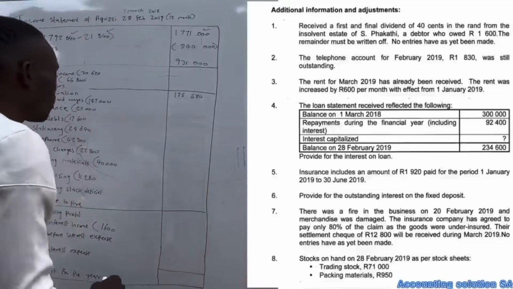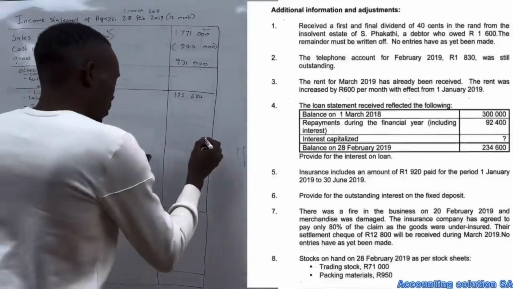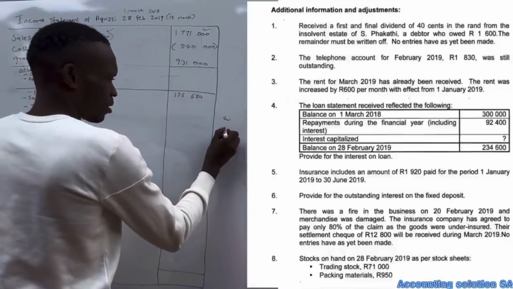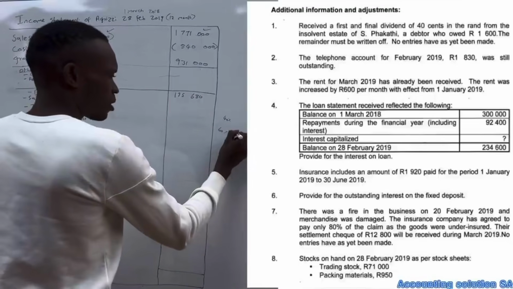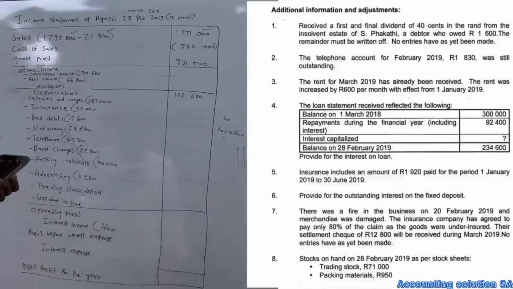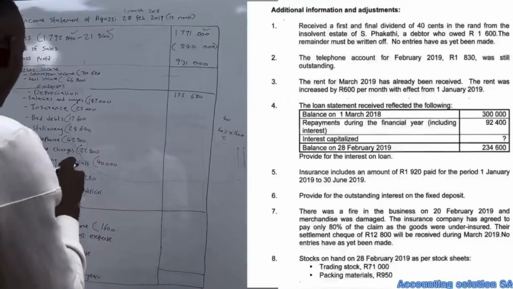Because he paid 40%, 60% of 1,600 must be written off. So if you do this calculation, we are going to get an amount of 960.